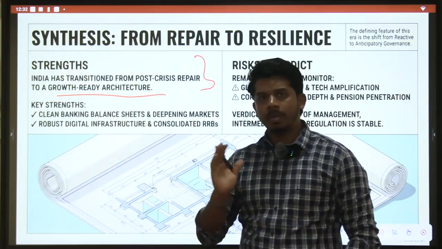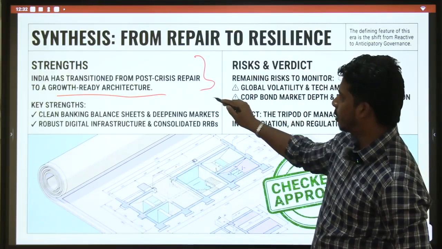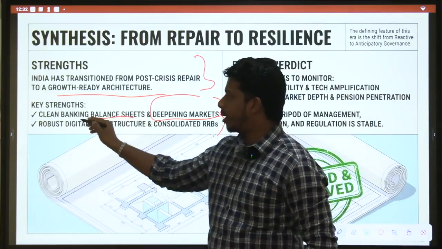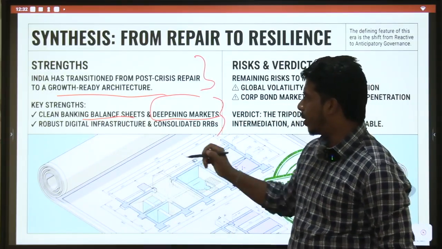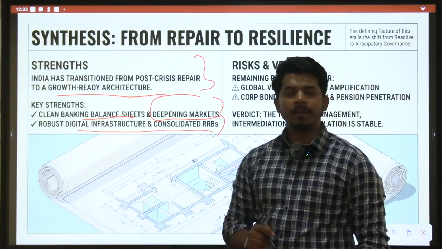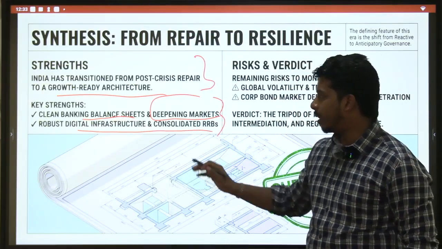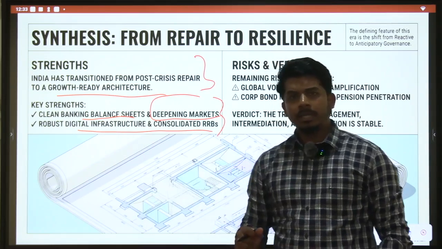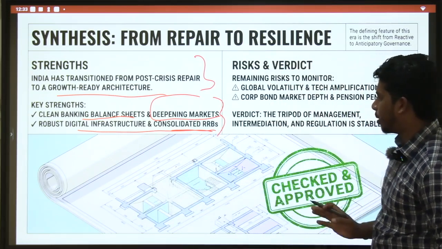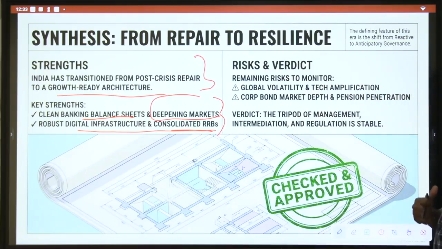We have some strengths: our financial market is deepening, banks have clean balance sheets, and our digital infrastructure like UPI and the JAM Trinity, Jan Dhan, Aadhaar, mobile, is expanding. We are consolidating RRBs.